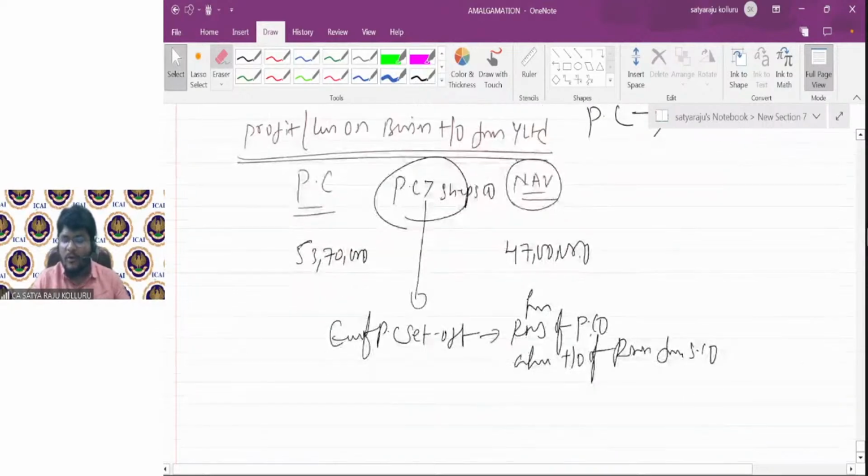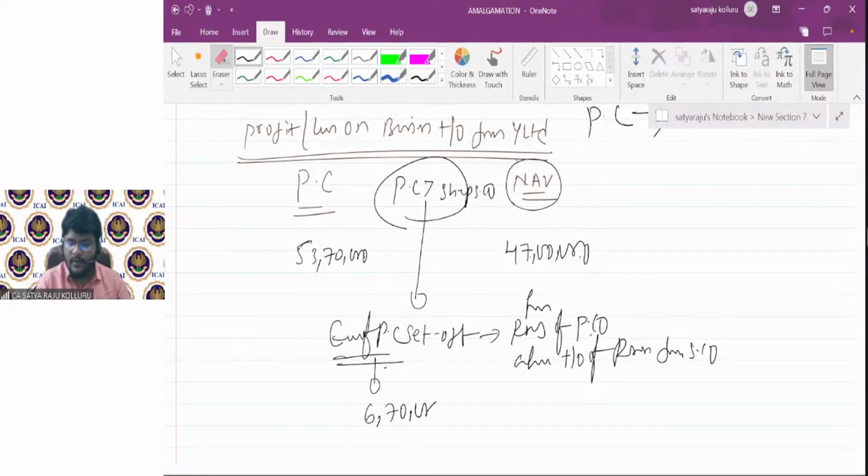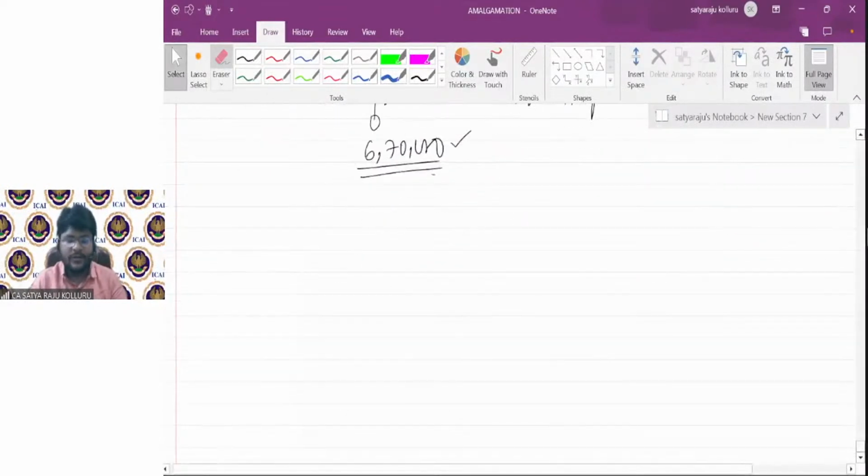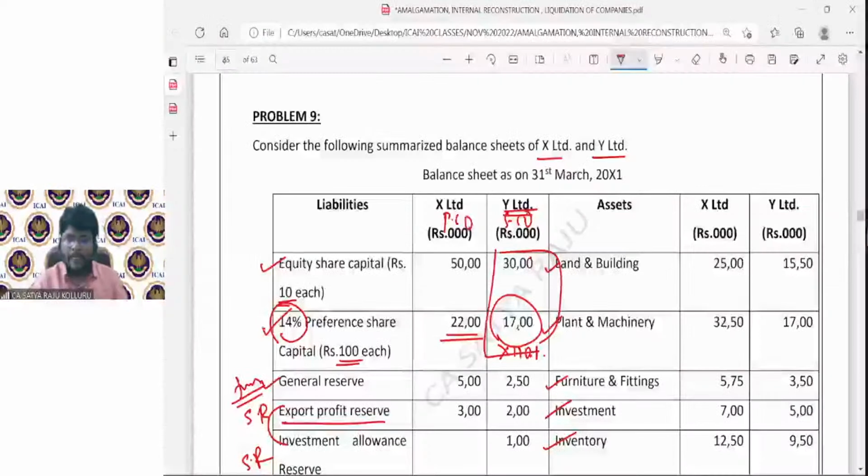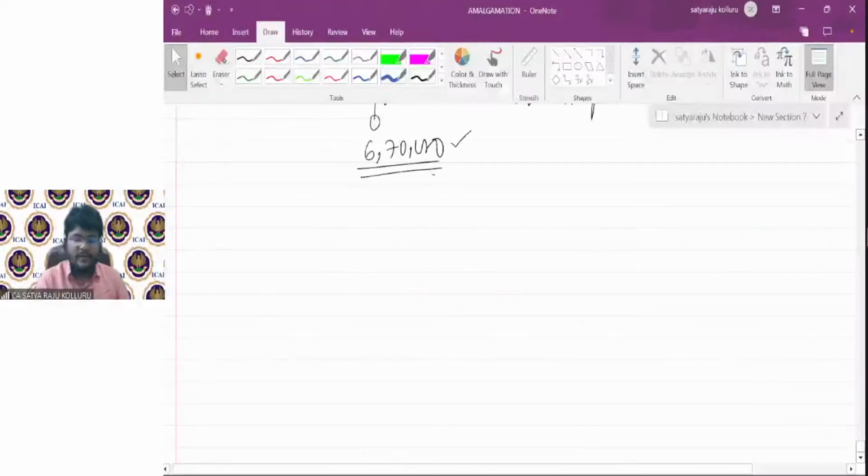Now the loss is how much? Excess of PC is how much? Which is 6,70,000. The only one thing you should remember is this 6,70,000 you should set off with free reserves. Am I right? With this background, let us go for the preparation of balance sheet. All of you come here. Now balance sheet of X Limited.